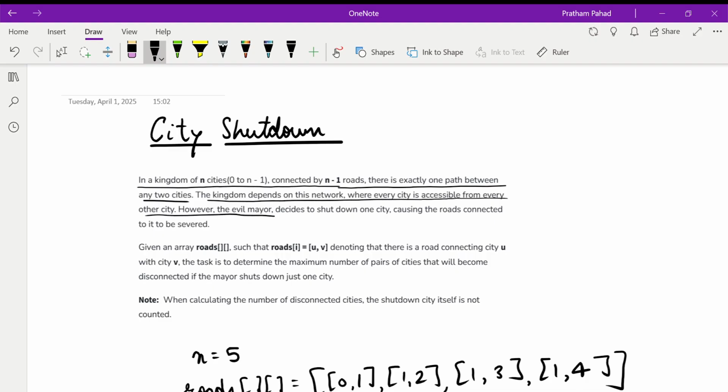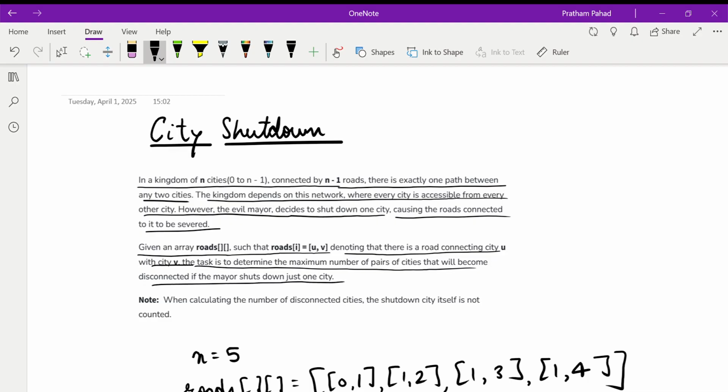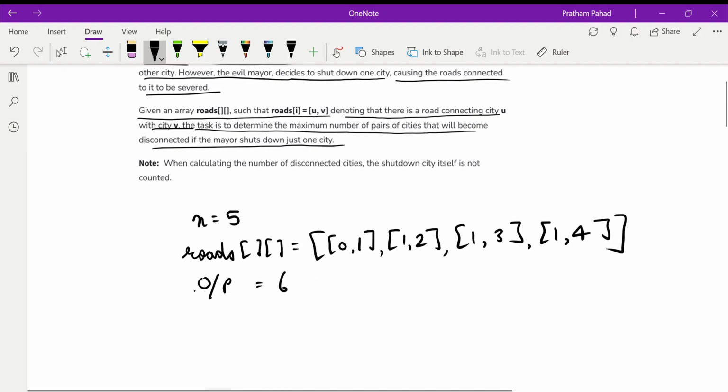However, the evil mayor decides to shut down one city, causing the roads connected to it to be severed. Given an array of roads such that roads[i] equals u, v, denoting that there is a road connecting city u to v. The task is to determine the maximum number of pairs of cities that will become disconnected once the mayor shuts down just one city. So we have to remove one city and find how many pairs of cities will be disconnected.